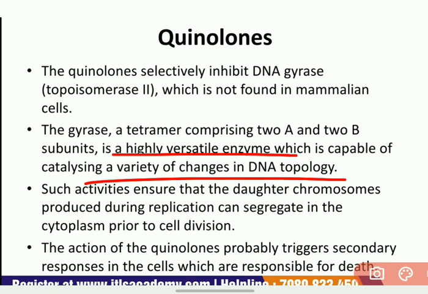These include introduction of negative supercoiling and removal of positive supercoiling. Removal of positive supercoiling is the process of relaxation. Apart from these, it also works in unknotting and removal of linked structures, that is decatenation.